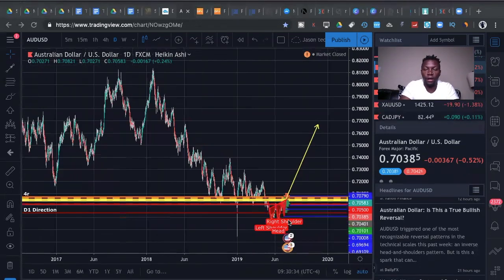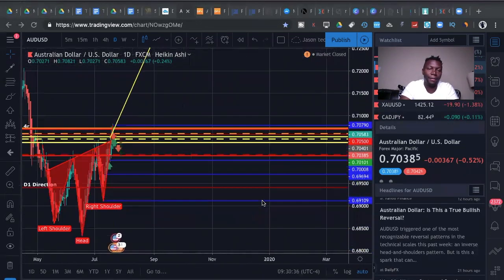As you can see, I've completely set up my chart for AUD/USD. This is one of my favorite pairs. I'm going to go into the EMAs or moving averages that you need to have. My chart is completely set up; I trapped the market and put all the things on there. You can see an inverse head and shoulders pattern.